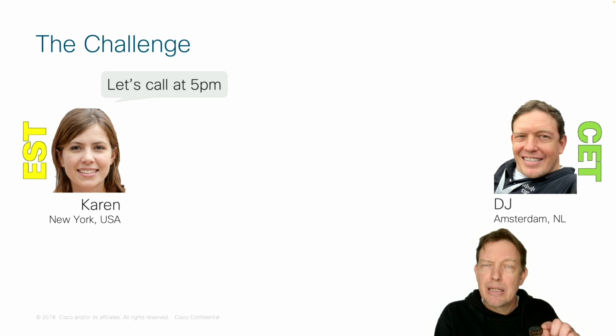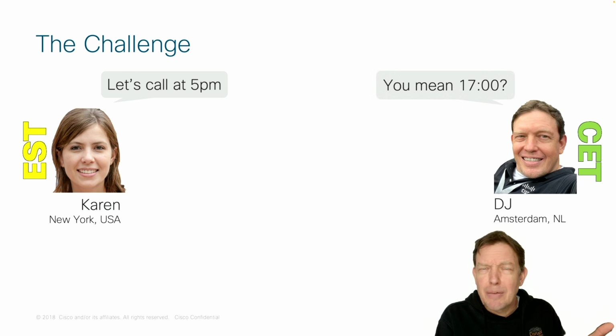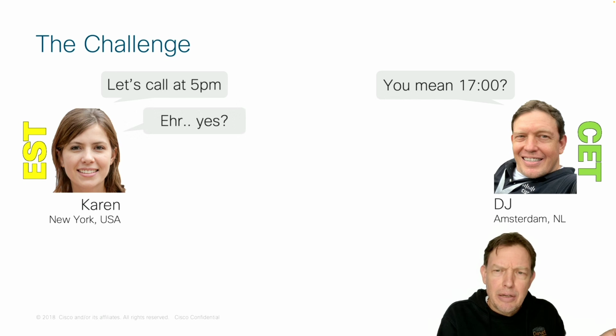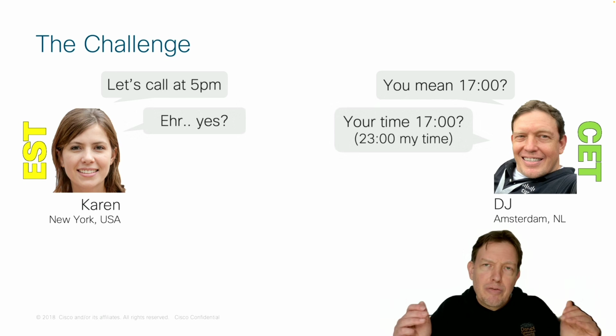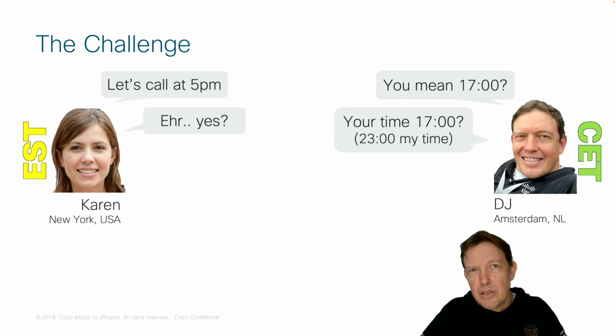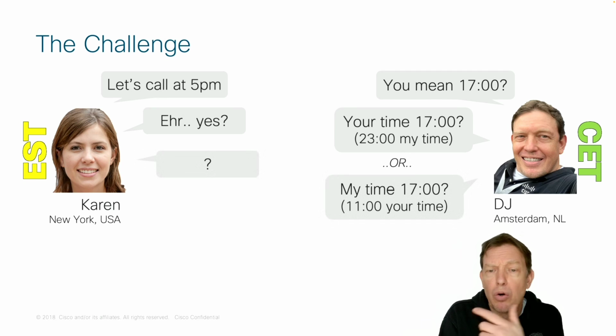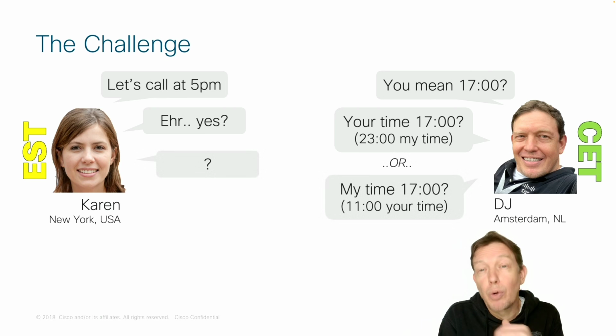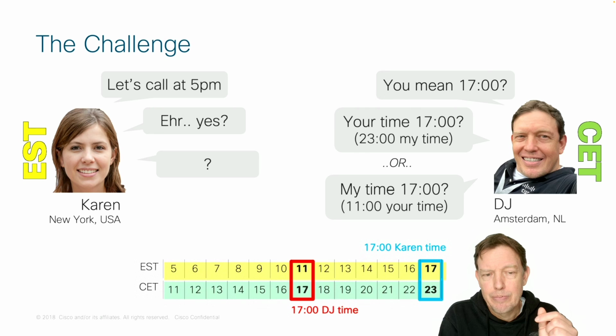So Karen says, let's call at 5 o'clock, 5 p.m. What is that? 1700 hours? Yes. But is that 5 o'clock Karen time, which is 11 in the evening my time? Or is it 5 o'clock my time, which is 11 o'clock in the morning Karen time?